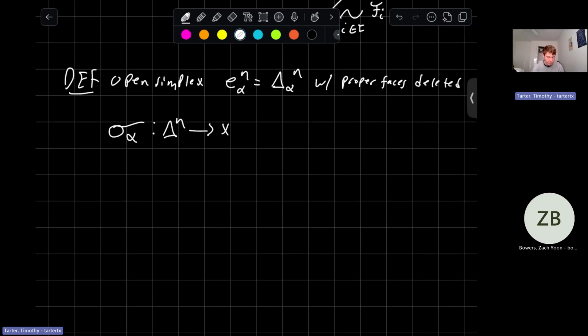Namely, the closure of E alpha n is the quotient of one of the simplices from which X was constructed, or of a face of one of the simplices, and sigma alpha is the quotient map from this simplex or face to X. In the appendix, we show that the open simplices are the cells of a CW structure with characteristic maps sigma alpha, but we call this the characteristic map for E alpha n. Okay.